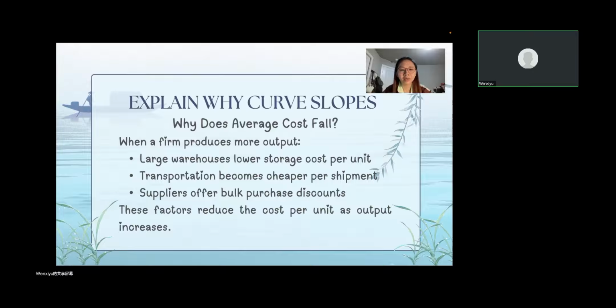Suppliers may also offer bulk purchase discounts. All of these factors help reduce the cost per unit. So the downward slope of the curve represents real business efficiencies that happen when firms grow and operate on a larger scale.